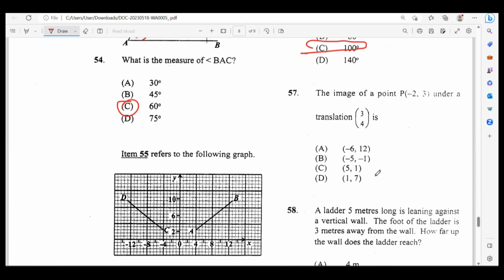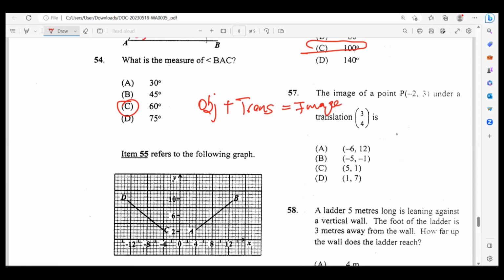All right, 57. If the image of a point P is -2, 3 under translation 3, 4, this one comes a lot too. So the idea is, I'll write it again, object plus your translation, this is a general formula, will give an image.